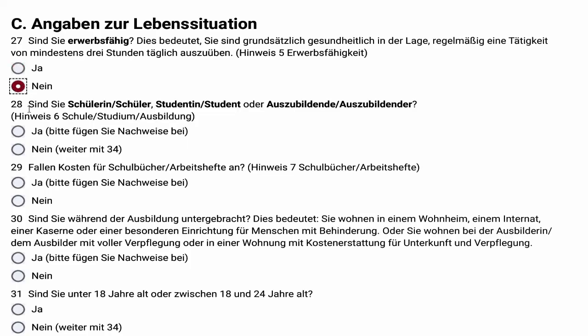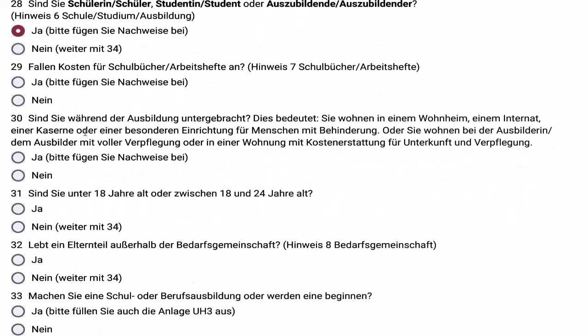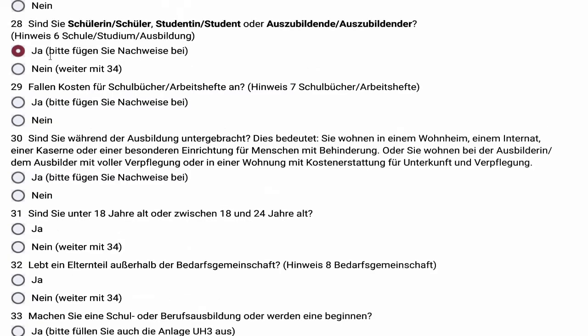If you're a student in a university or a pupil in a school or doing an apprenticeship, you mark yeah and attach a proof about it with this application form. If it is not the case with you, then you mark 9 and continue with part 34.